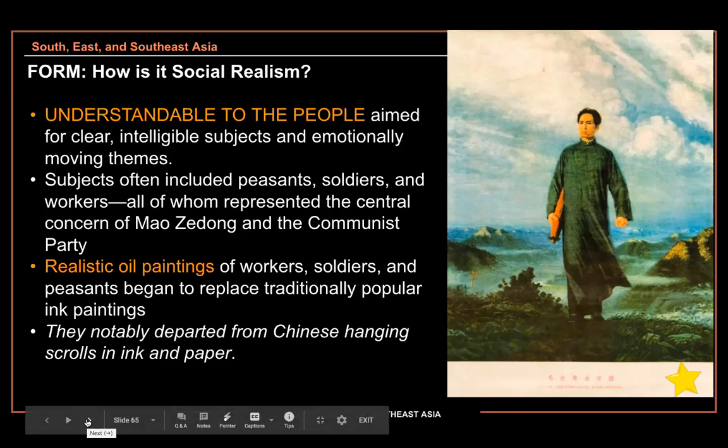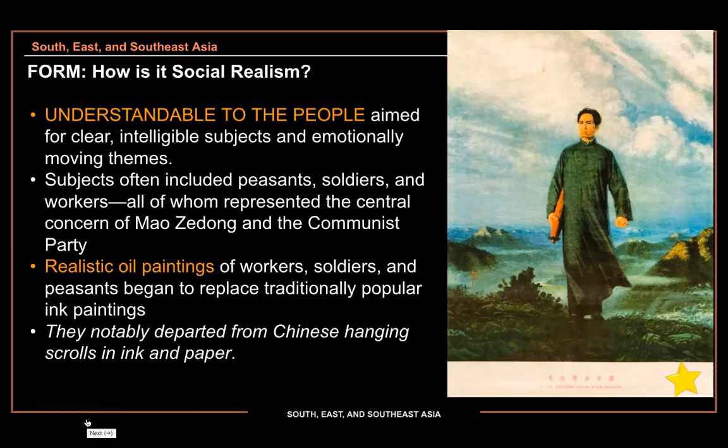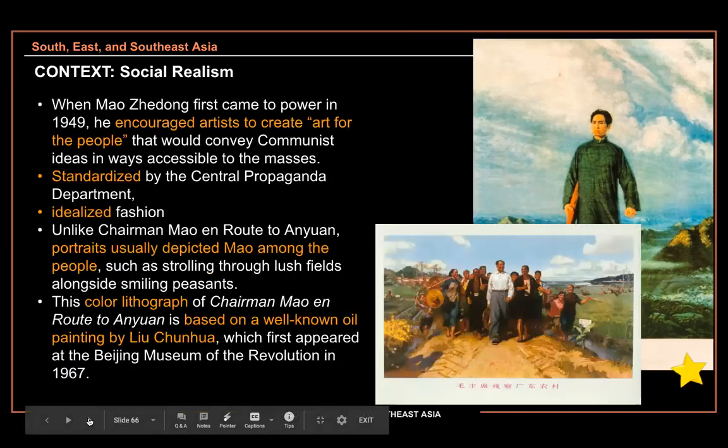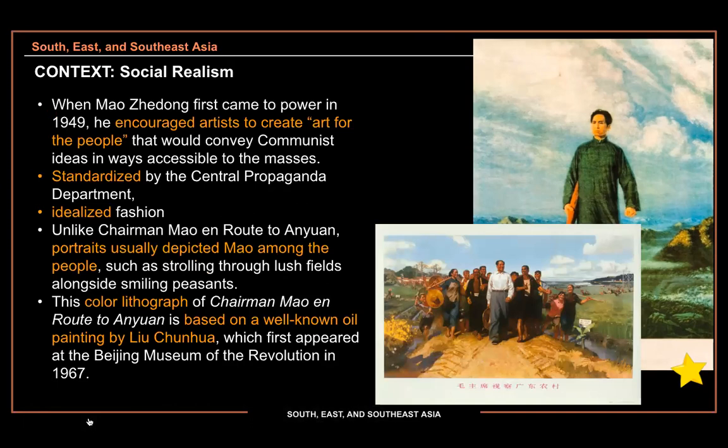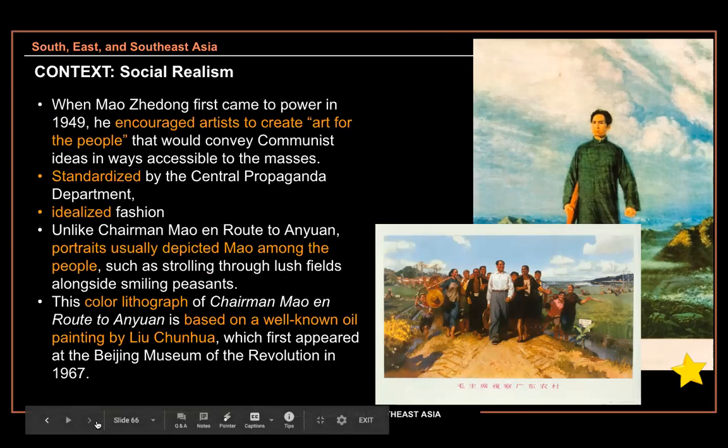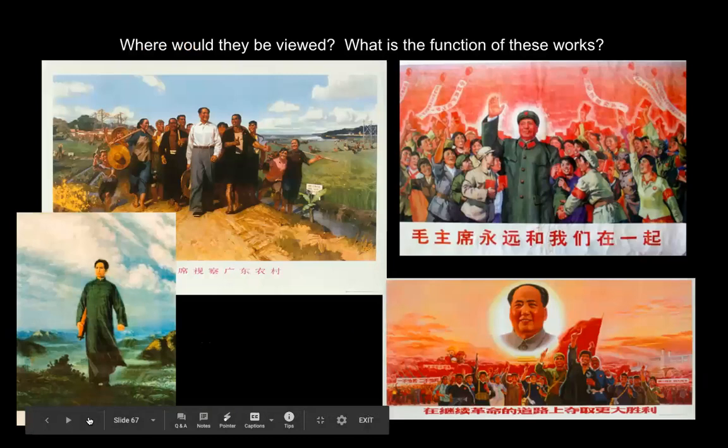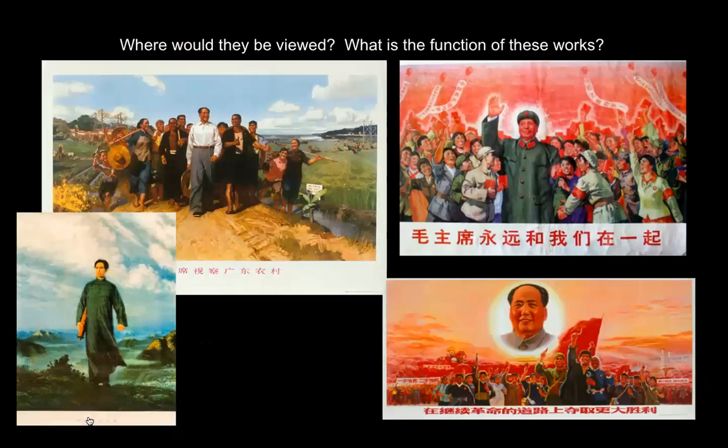And notice that it is a departure from the traditional ink painting or sumi-e painting that is typical of Chinese art, right? Mao encouraged this kind of work, and he standardized how he should be portrayed. We often see him centered in the imagery. He's often seen in the sun with all of the followers around him.